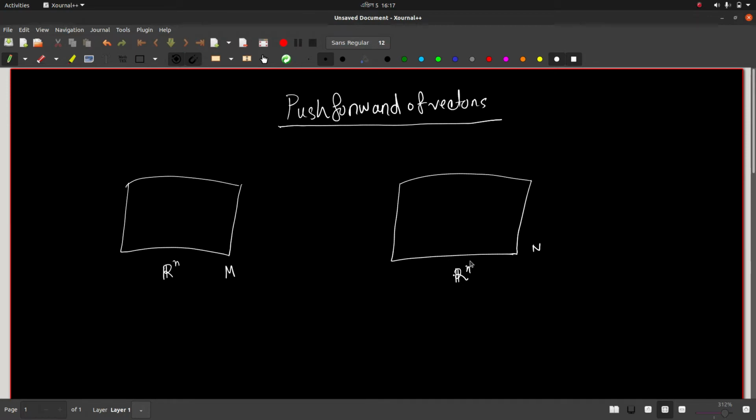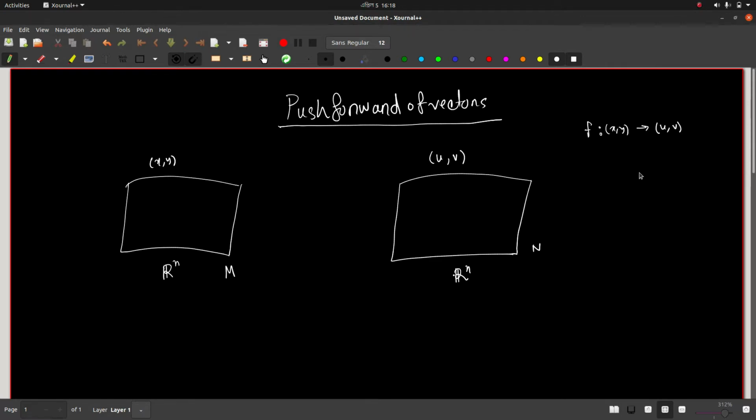Okay, so now what you can do is equip both of these manifolds with some coordinate system. So let's say we have the Cartesian coordinate system on the manifold M, and we have some other coordinate system denoted with u and v on manifold N. And there is some function that takes these x and y's to this u and v.